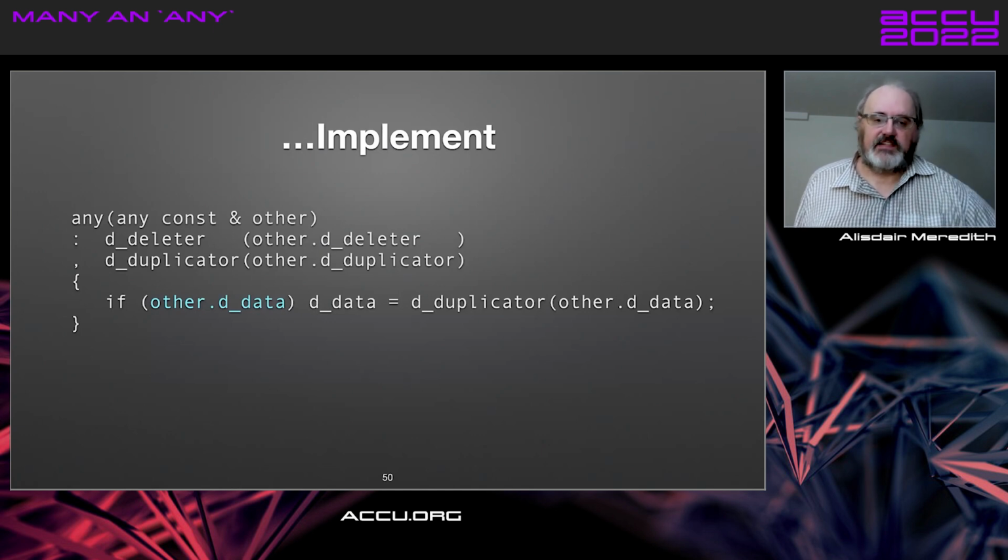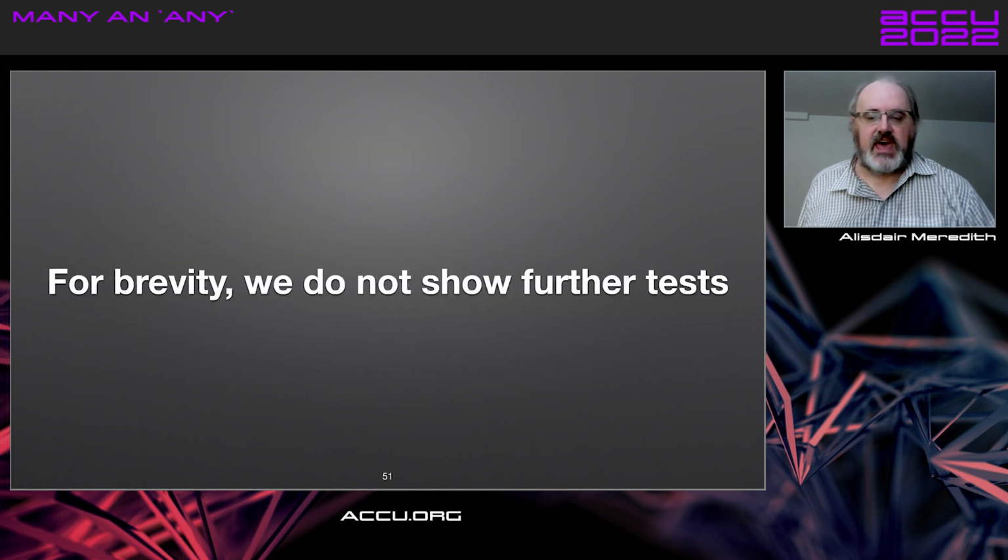So with that convention, just simply testing on other data rather than dealing with the duplicator member, this will now work correctly. And this is the notion of implement, test, implement, test, implement. But we do need to get through to the end of the interface, and then we can start looking at some of the other implementations. So I'm just going to move on at this point.